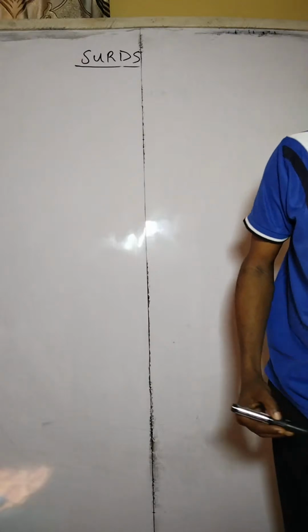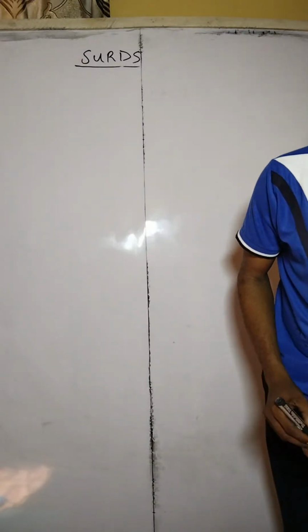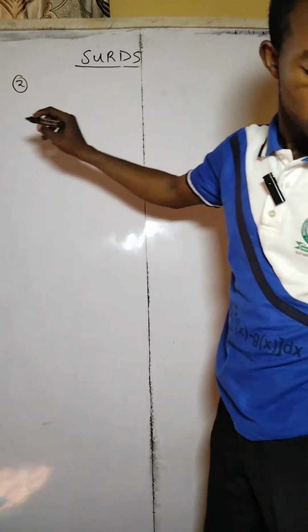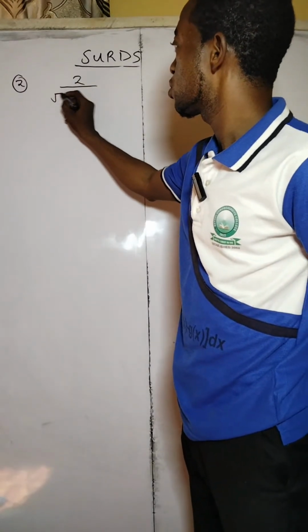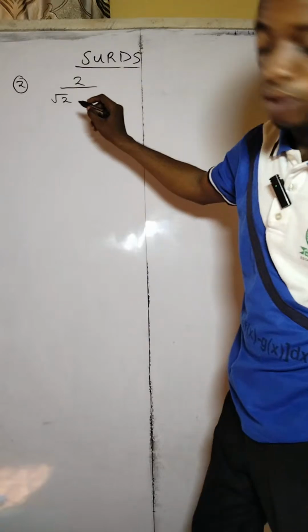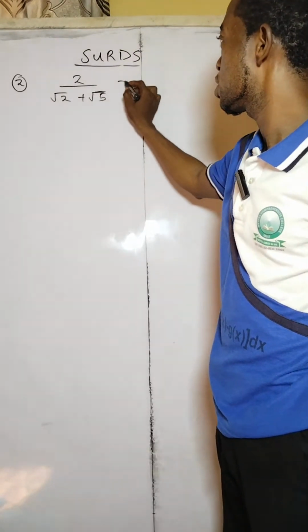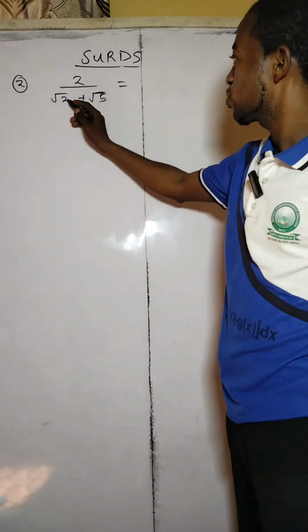simplify 2 over root 2 plus root 5. So here also we rationalize and we multiply, then divide by the conjugate of the denominator.